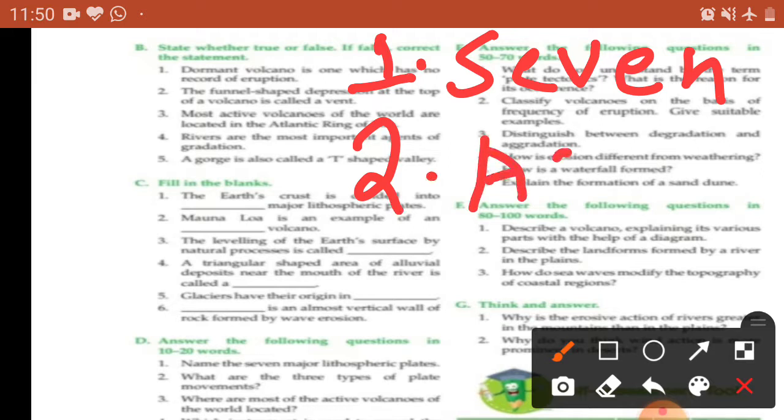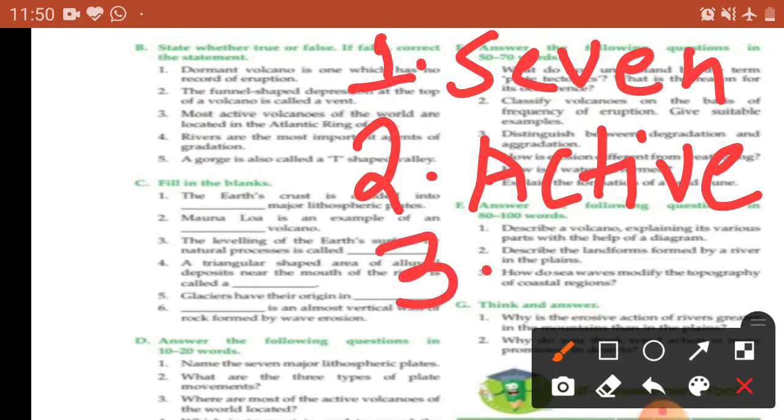Third, the leveling of the earth's surface by natural processes is called gradation.